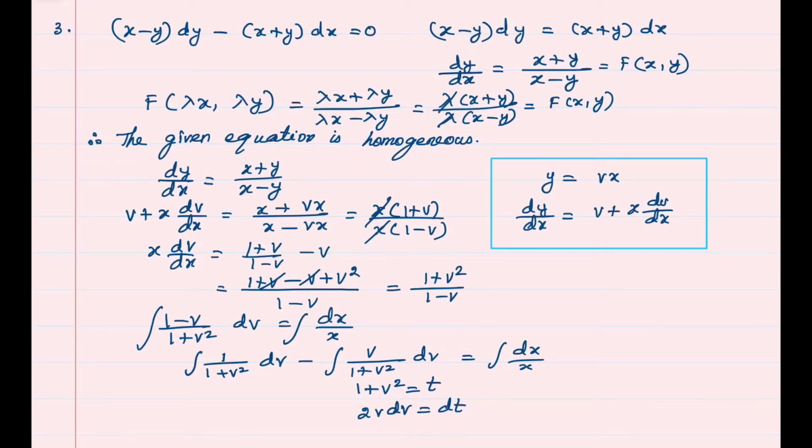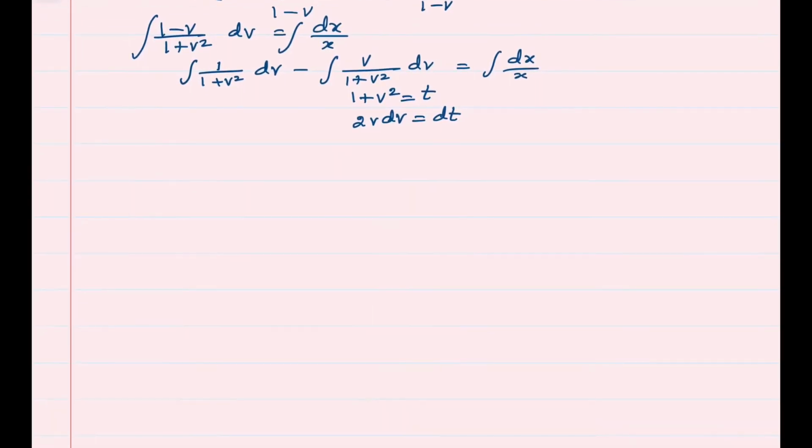The substitution is only for the second integral. The first term is integral 1 divided by (1 plus v square) dv, and in the second integral, v dv is dt divided by 2, and 1 plus v square is t, and the other side is integral dx divided by x.